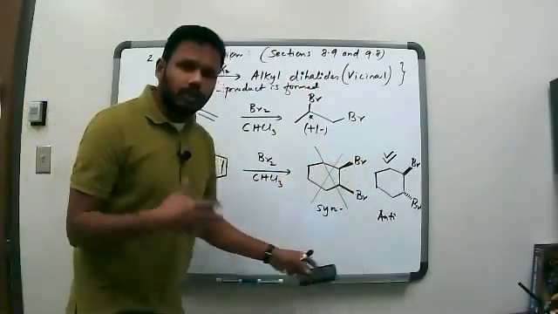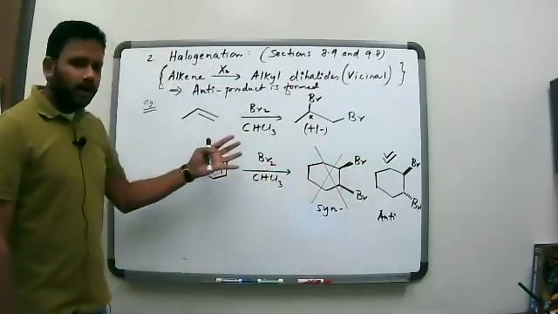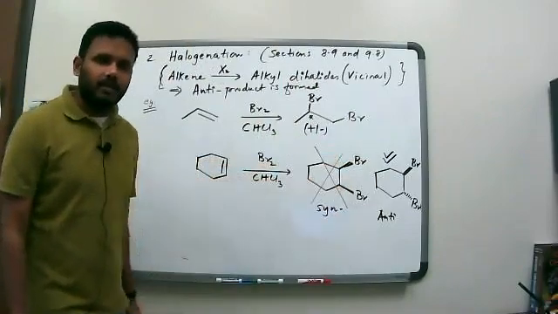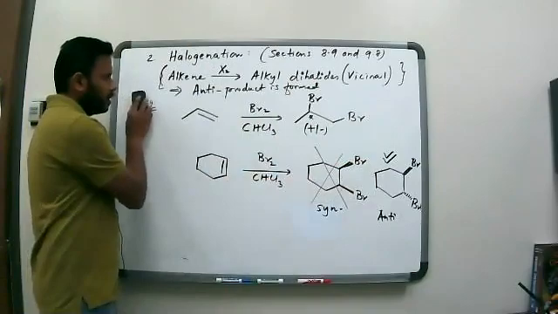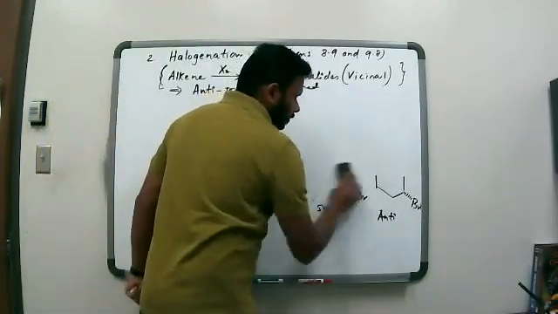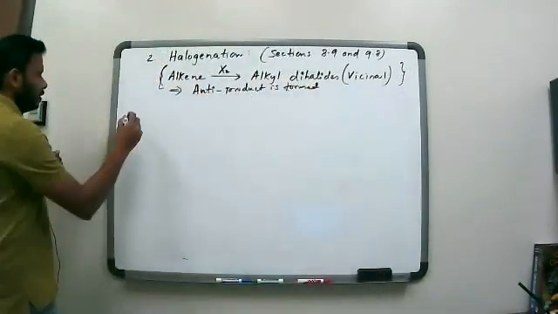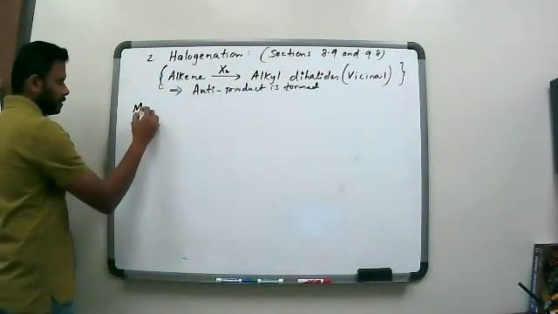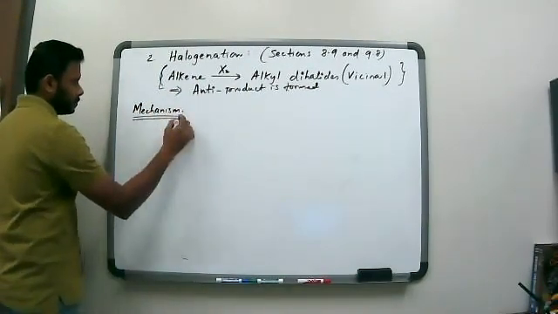So what we'll do is we will try to come up with a mechanism of how we get this anti-product. The mechanism should explain how the anti-product is formed. So we'll use this cyclohexene as an example. What is the mechanism of this reaction?